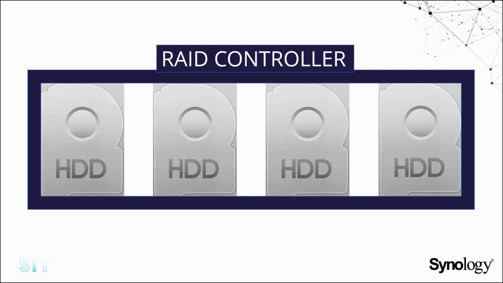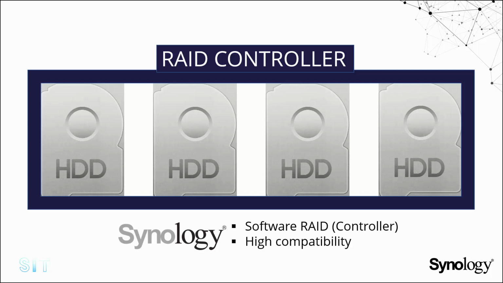The so-called RAID controller takes over the management of the hard disks and data. The controller works in the background, so there is nothing for the user to do except to select the desired RAID type. Synology systems use a software RAID here.